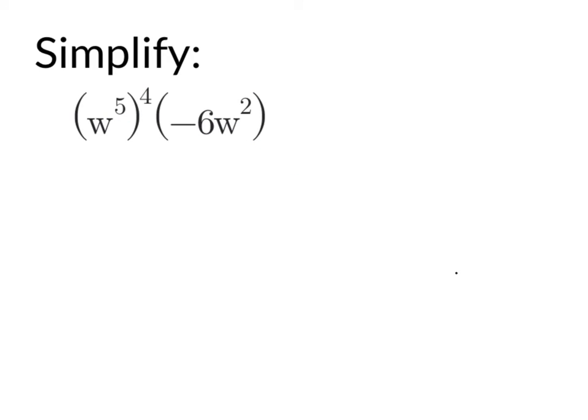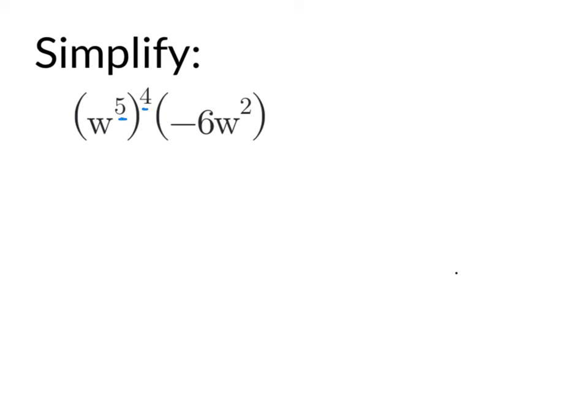Something a little bit more complicated, w to the 5th to the 4th times negative 6w squared. Going through your order of operations and thinking about grouping symbols first, well, inside each of these grouping symbols, it's already simplified. Then the next thing we take care of is powers, and that's where I have a power to a power.